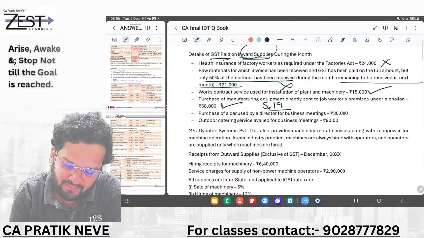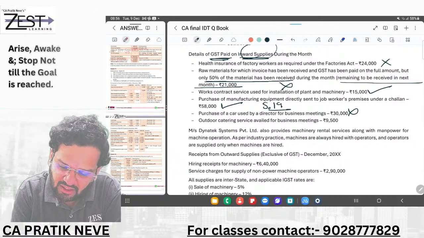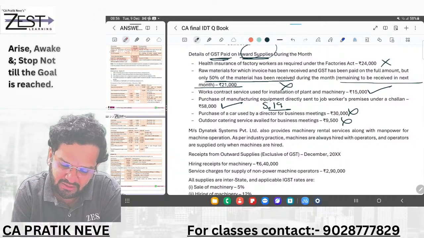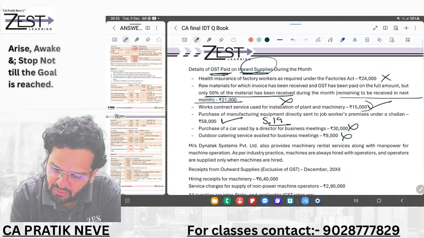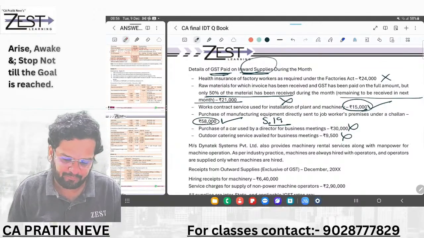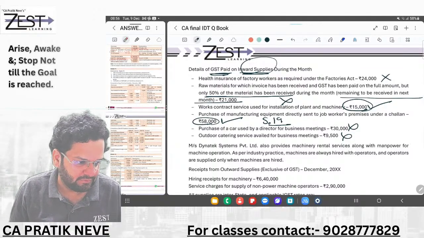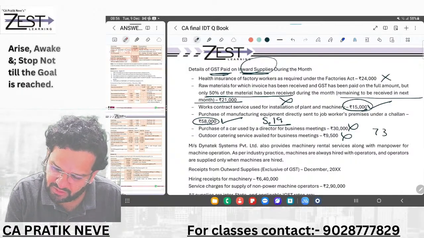Purchase of car, you cannot take ITC. Outdoor catering, you cannot take ITC. So basically, ITC that you can take is 15,000 plus 58,000. That is 73,000. 73,000 of ITC you can take.